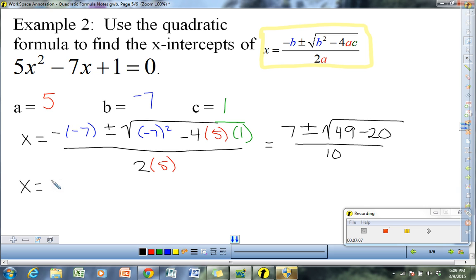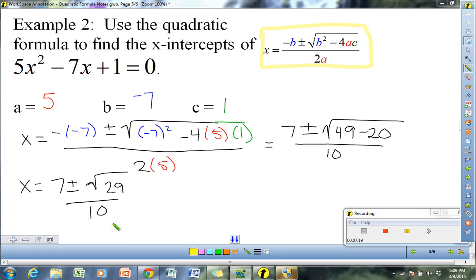Alright, let's keep simplifying underneath our square root, and we get 49 minus 20, which is the square root of 29, all over 10. Now, we want to check to see if the square root of 29 is a perfect square. So plug that into your calculator, and you end up getting a decimal. So that means that we can't simplify this anymore, and our final answer is x equals 7 plus or minus the square root of 29 divided by 10.